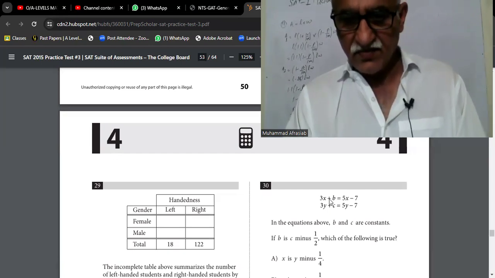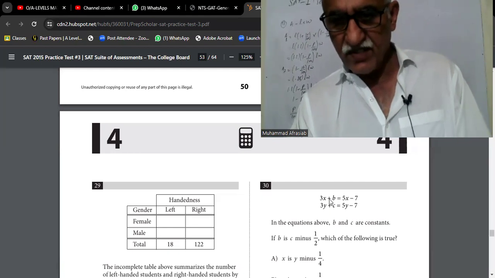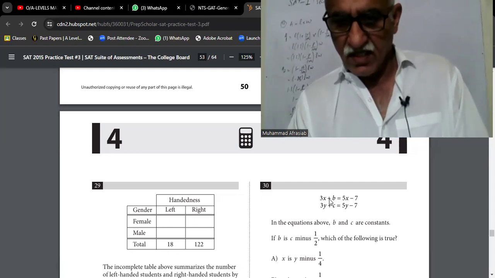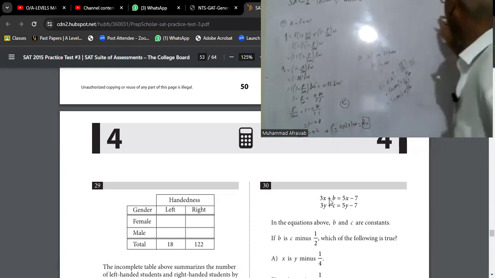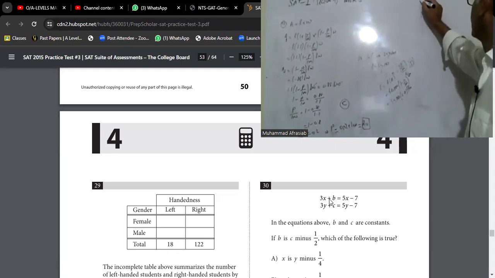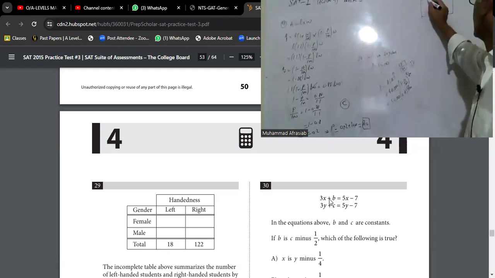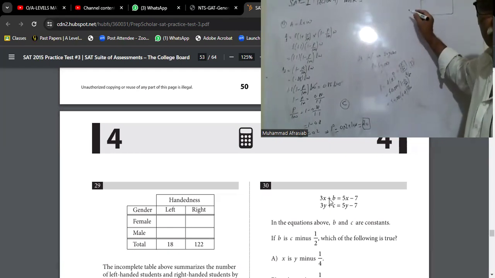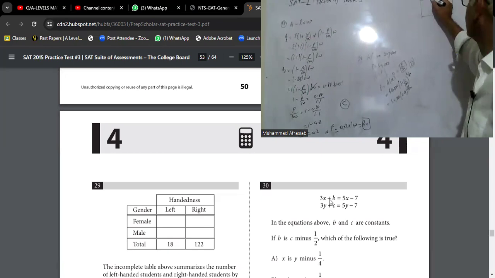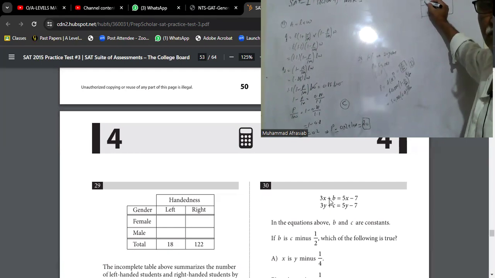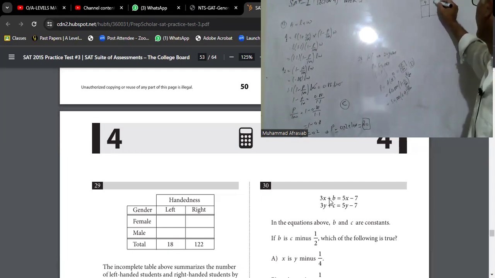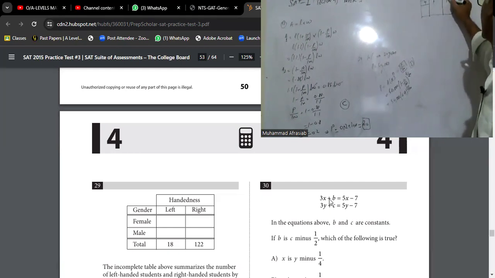The handedness genders, male and female, and total are given there, and these are left and right, so we can make a column there.